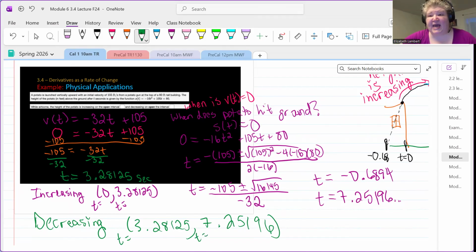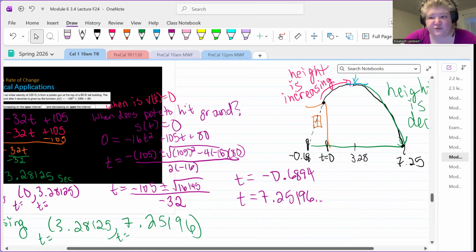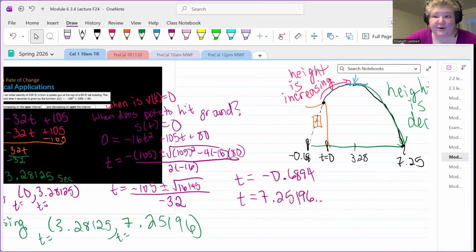The same way we say, what is the domain, the set of all permissible x values, and we used interval notation for domains. This is interval notation for increasing and decreasing. These are not ordered pairs. The 3.28 number and the 7.25 number are both times. The 0 number is also a time. It's 0 seconds.